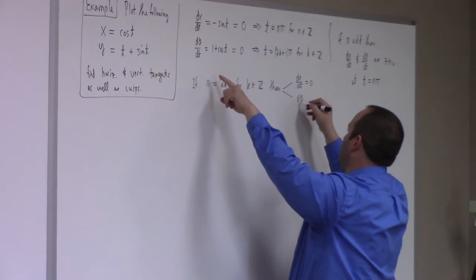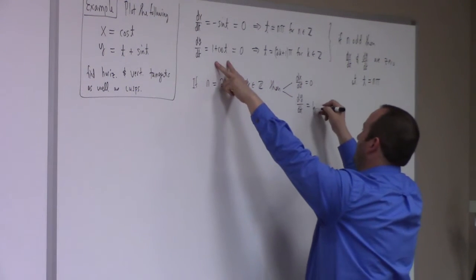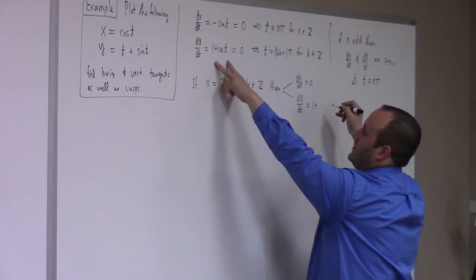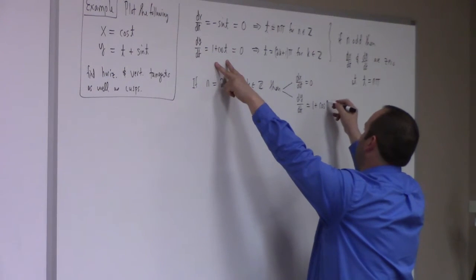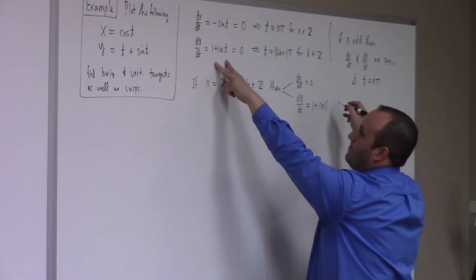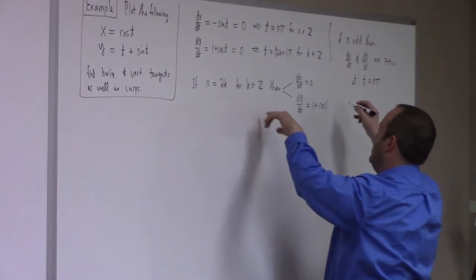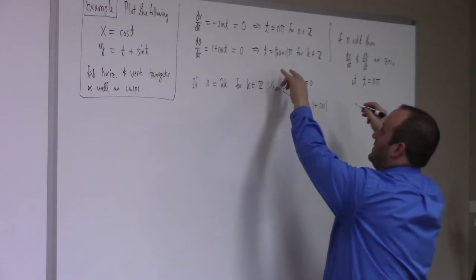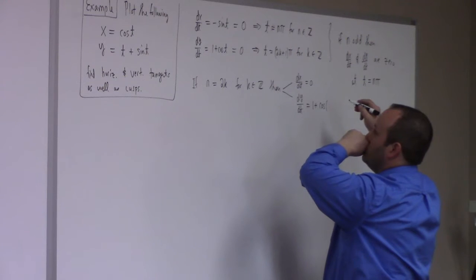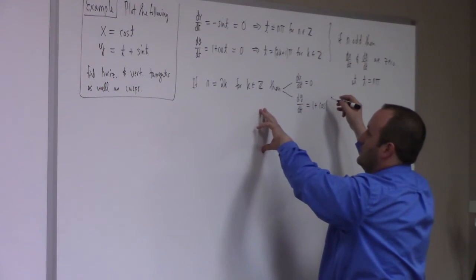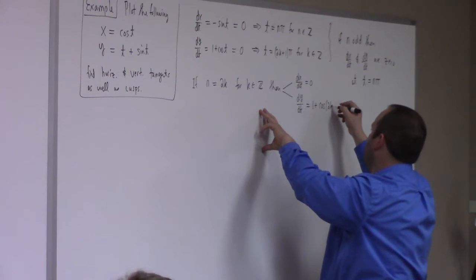But dy/dt is equal to what? One plus the cosine of what? t equals what? Sorry, t equals 2k pi, right?